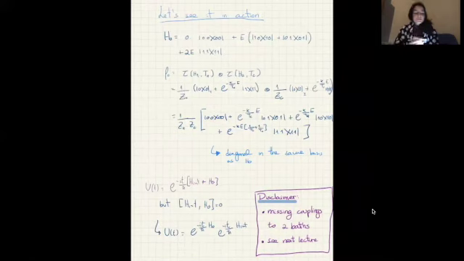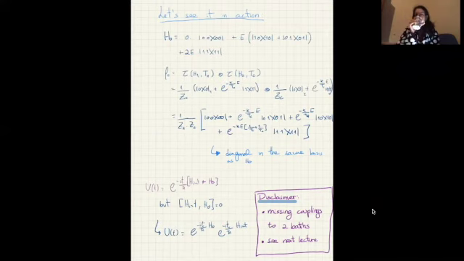And what are the energies? Well, if they're both down, the total energy is 0. If only one of them is up, the energy is E. And if both of them are up, the energy is obviously 2E. It's just the sum of the individual energies in this case.